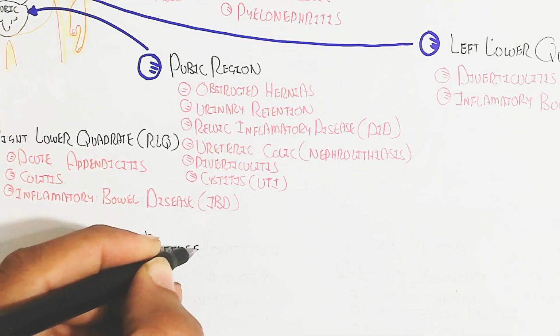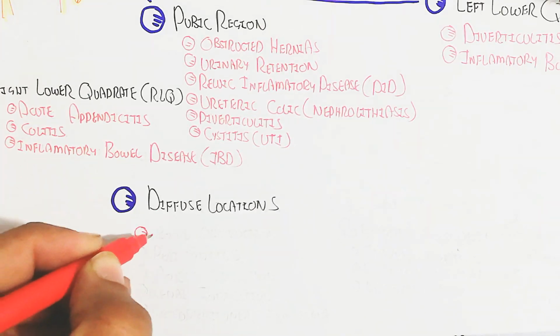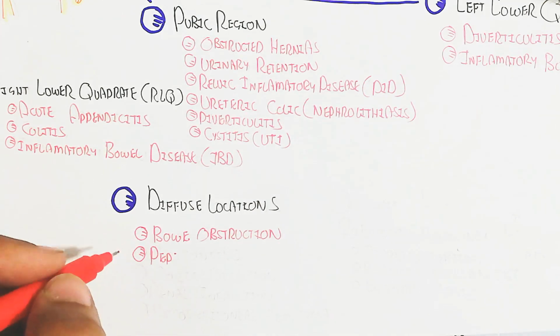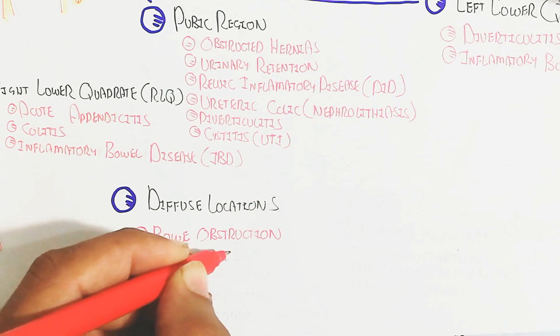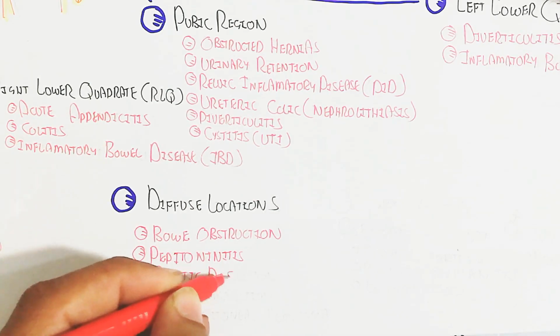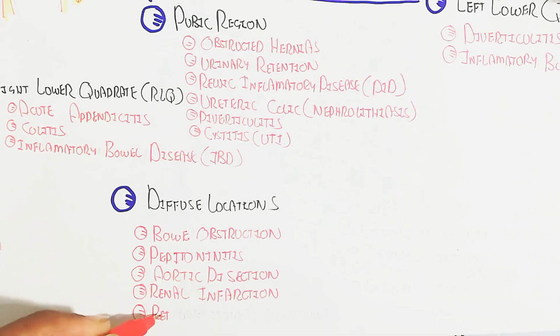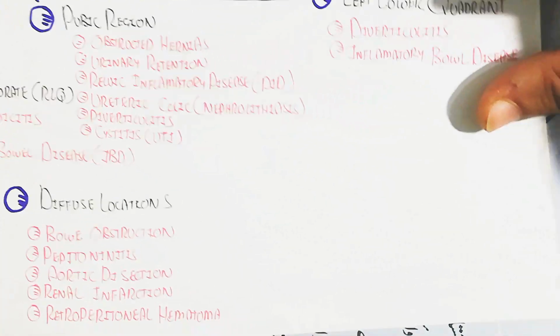One more important thing is diffuse location. In this case, location identification is difficult, as with bowel obstruction, aortic dissection, and renal infarction, which also transmit pain from one region to another, as well as peritoneal hematoma.